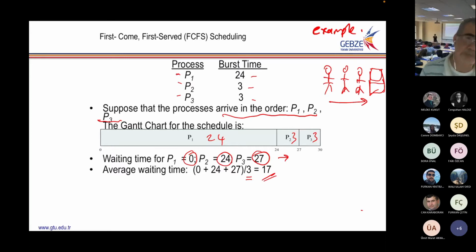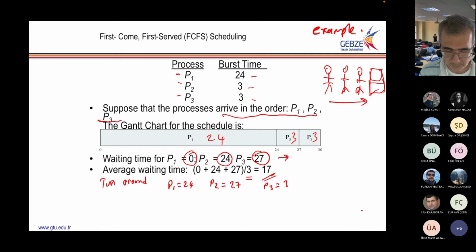How about turnaround time? What's turnaround time for P1? 24. P2? 27. P3? 30.